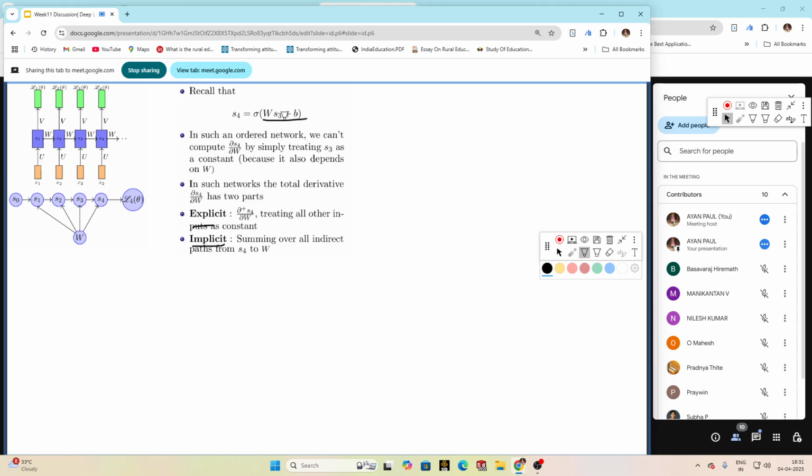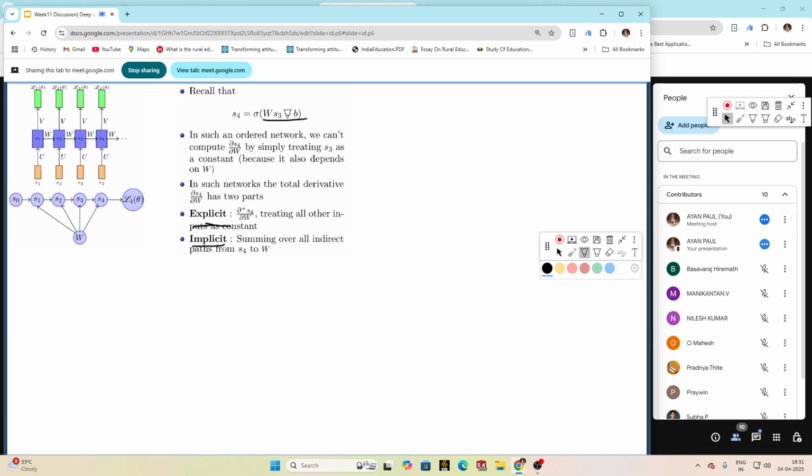For example, b is a constant, and we can also choose s3 as our constant and find ds4 by dW. That is known as explicit differentiation, which is why we use a plus sign here. Another thing is called implicit.